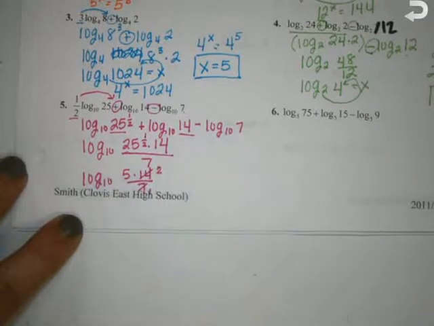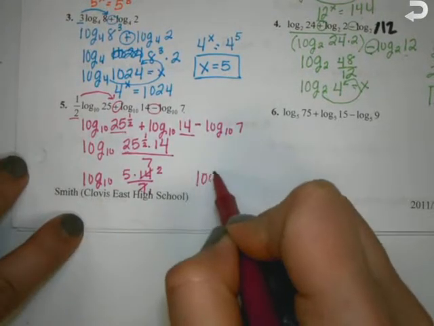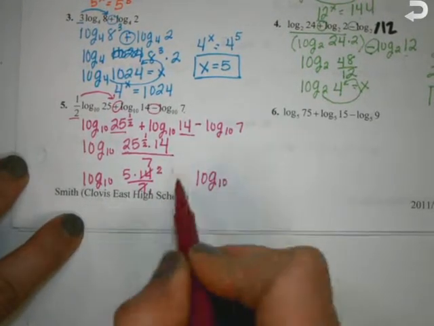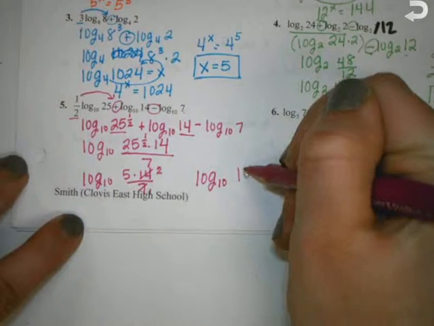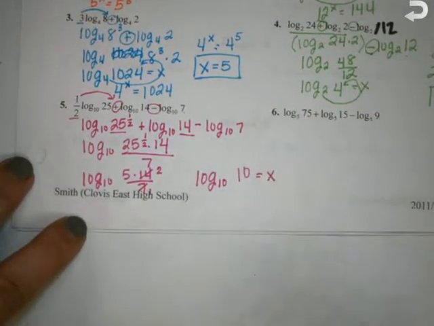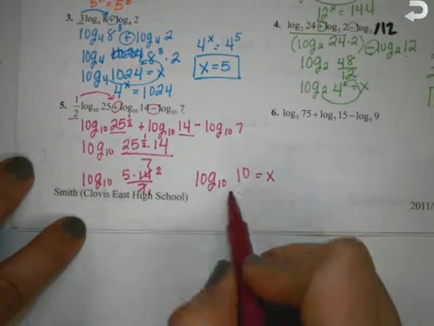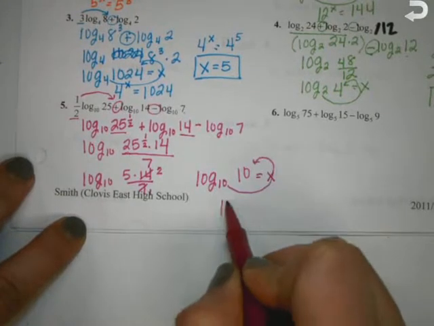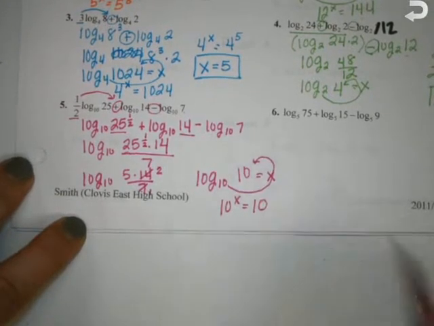So it's going to be log base 10 of 5 times 2 is 10. Set the whole thing equal to x. So it's 10 to the x equals 10, which means x equals 1.